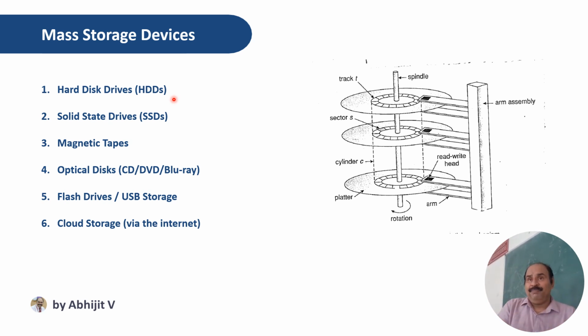But not RAM, not the main memory. We have solid state devices, magnetic tapes, optical disks, flash drives like USB storage, and the most widely used today is cloud storage. That means you store all your information in the cloud. I told you just now, you have Google Cloud where you store all your information. Similarly, you have Dropbox.